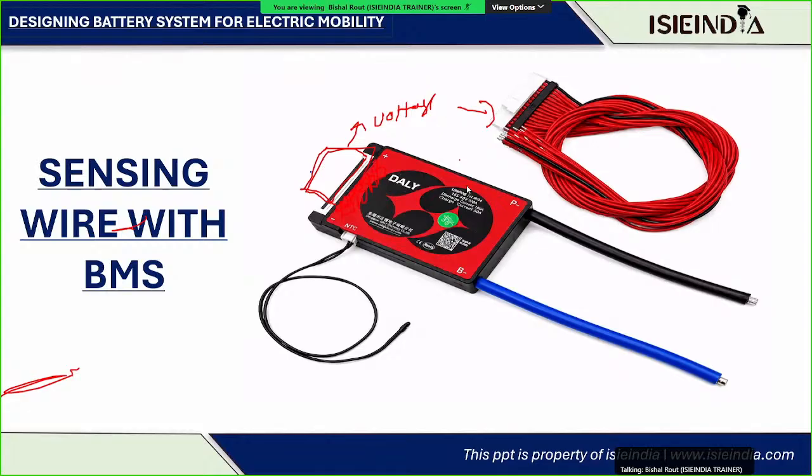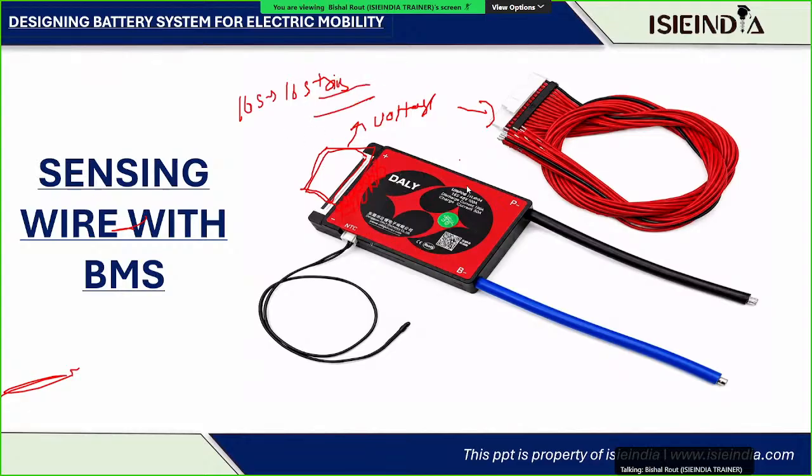The black wire stands for negative, not 0 volt. It is connected to the negative of the pack, and the remaining red wires are connected to each string. If I say it is a 16S BMS, it is a 16 string BMS, not a series BMS.